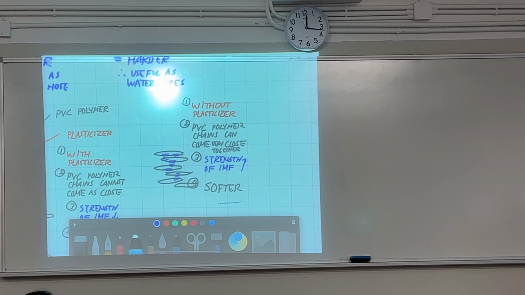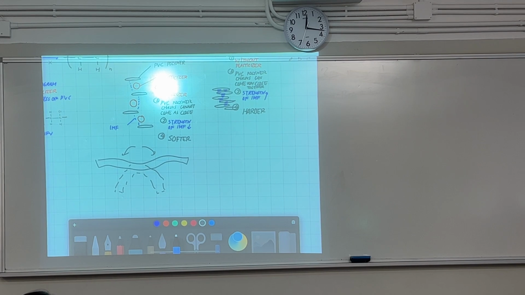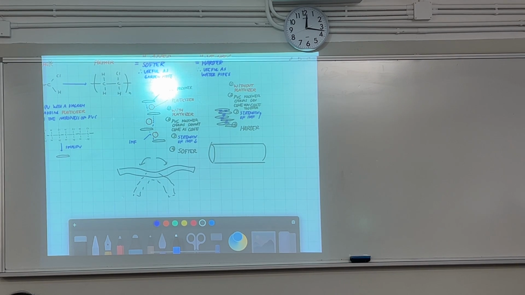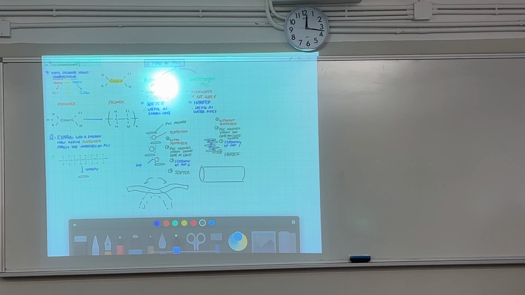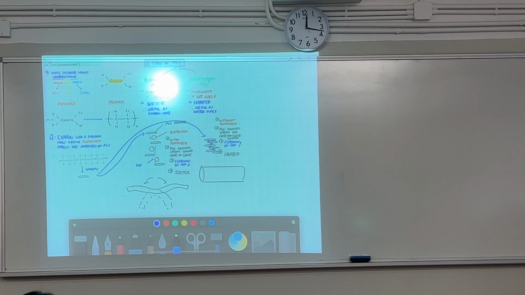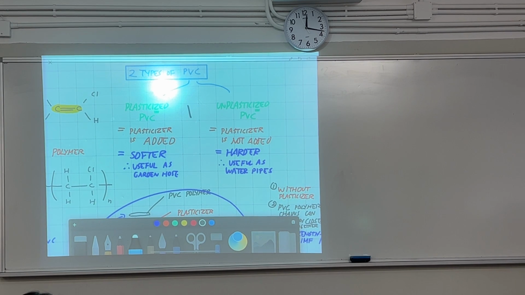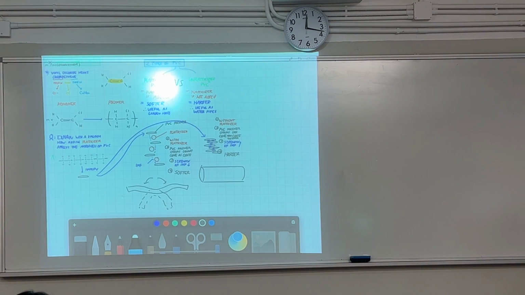And if these are very strong intermolecular forces, it makes them harder, harder to deform. This is why in water pipes made out of PVC, we do not want to add any plasticizer, and it will stay pretty rigid. And it will last very long because plastics are made to last. Do you understand the argument here, and also why there is a difference in the property between plasticized PVC and unplasticized PVC?